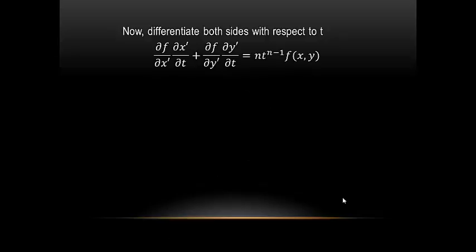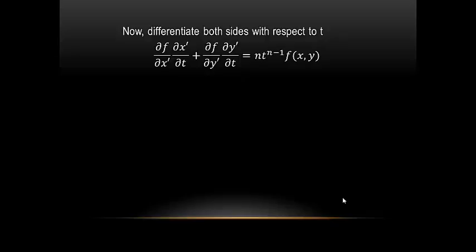So, f of tx, ty or f of x prime, y prime becomes the partial derivative of f over the partial derivative of x prime times the partial derivative of x prime over the partial derivative of t plus the partial derivative of f over the partial derivative of y prime times the partial derivative of y prime over the partial derivative of t is equal to n times t to the power of n minus 1 f of x, y.